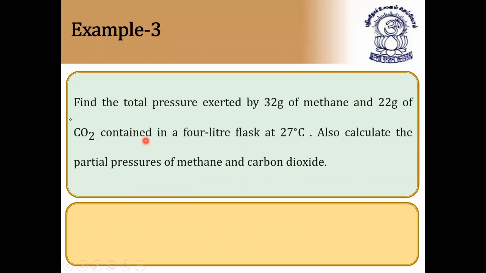Next question. Find the total pressure exerted by 32 grams of methane, here also they are given weights, and 22 grams of carbon dioxide contained in a 4-liter flask. Here this model is different. They have given volume. Also calculate the partial pressures.